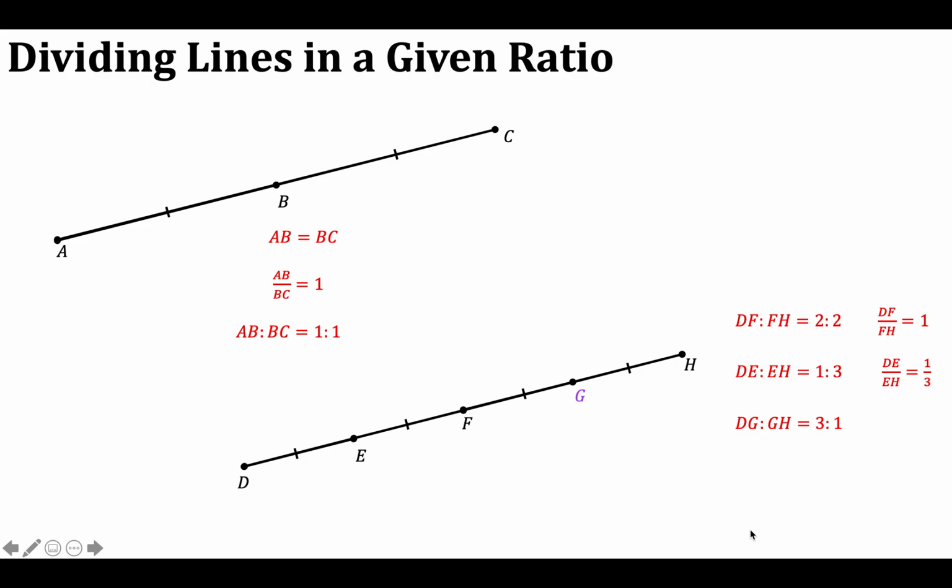Right, let's look at G now and how it splits DH. So the ratio there is 3 to 1. And the fraction DG over GH is 3. We can see that DG is 3 times GH.